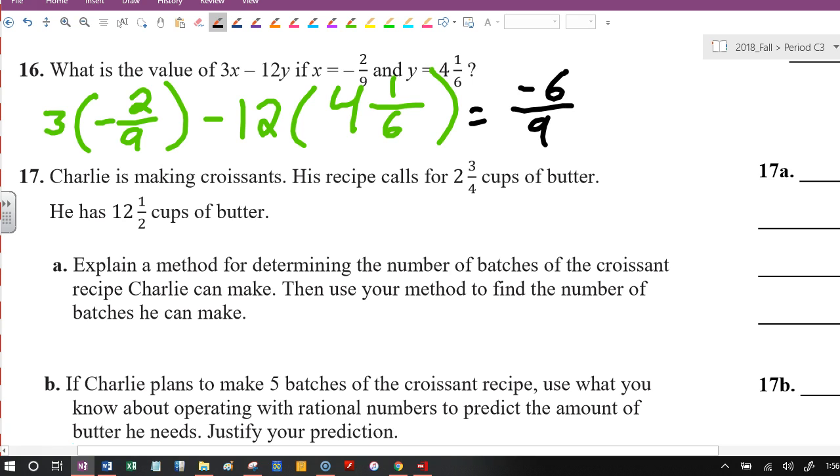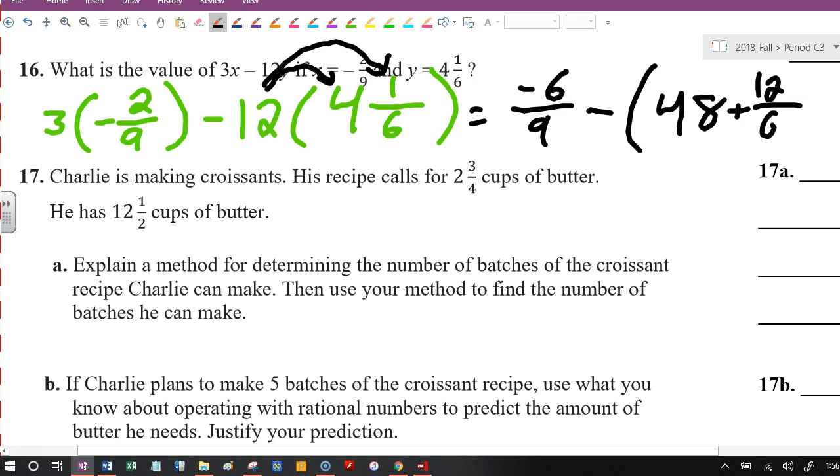Okay, what's 12 times 4 and 1/6? 49/6, I think? No. Let's do it separately. Let's do 12 times 4, which is 48. Okay, so it's negative. Let's put it in parentheses. So 48. And then 12 times 1 in the numerator, 12, so it's plus 12/6. And 48 plus 2 is 50.